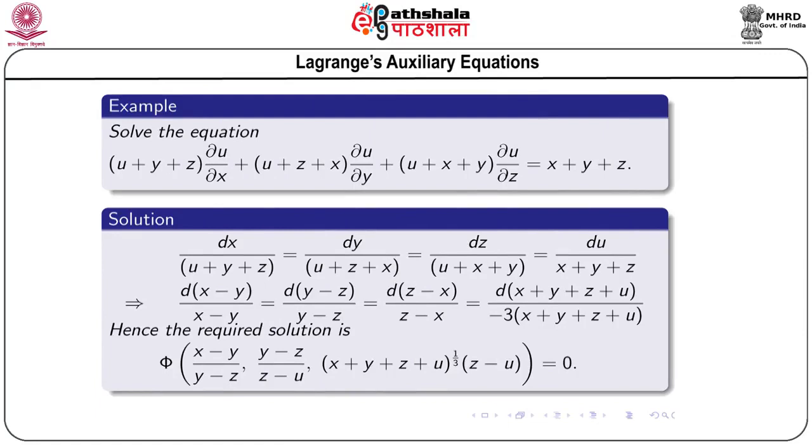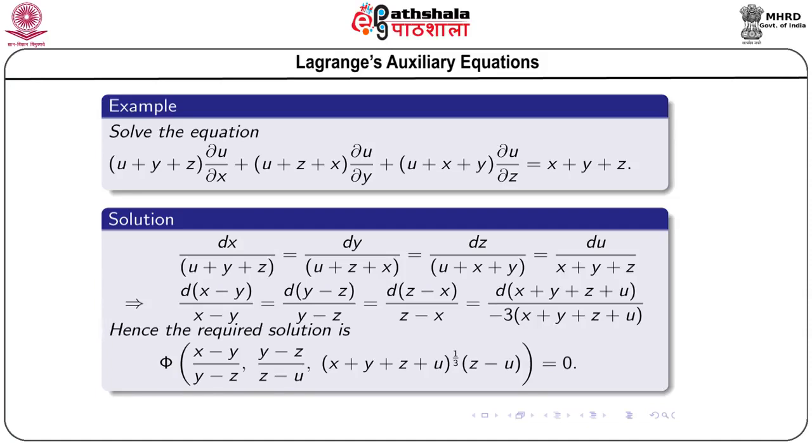Now we illustrate the idea by taking this example. In this example, there are 3 independent variables x, y, z and one dependent variable u. So, this is a first order quasi-linear differential equation and we have to solve this equation.